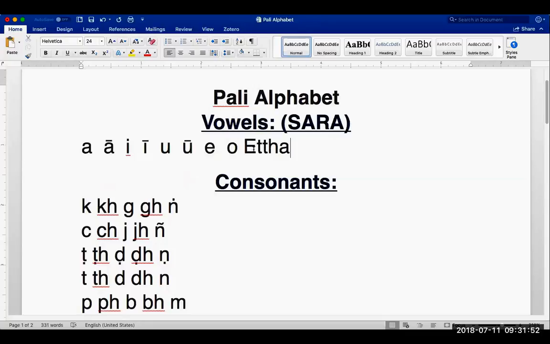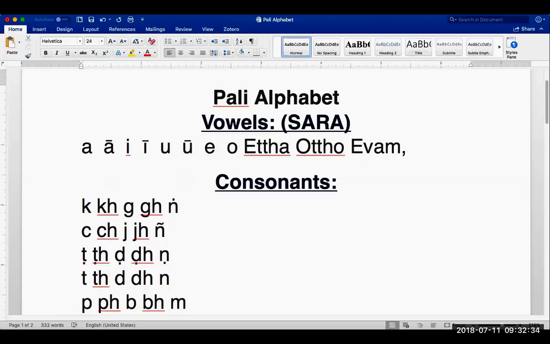So when you have e followed by two consonants, that means it becomes shorter. Similarly, ottho. There should be a diacritical mark here, a dot underneath, so that becomes ottho. Here also we see two consonants, therefore it becomes shorter. Otherwise, we just use e or o.